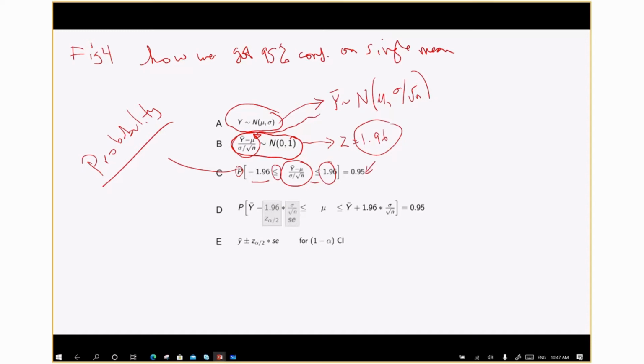And then we did a little bit of dancing around the inequality sign and showed that y bar minus 1.96 times sigma over root n is less than or equal to mu, which is less than or equal to y bar plus 1.96 times sigma divided by root n, and the probability of this being true was equal to 0.95.